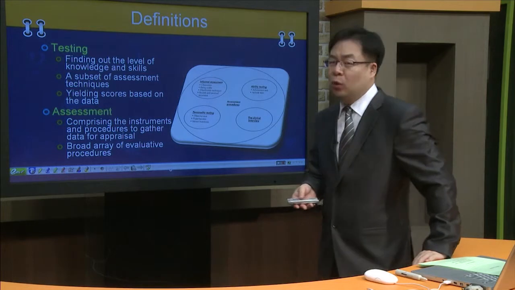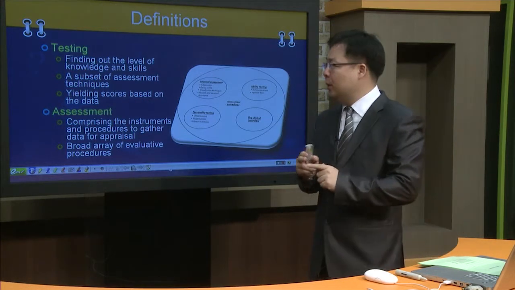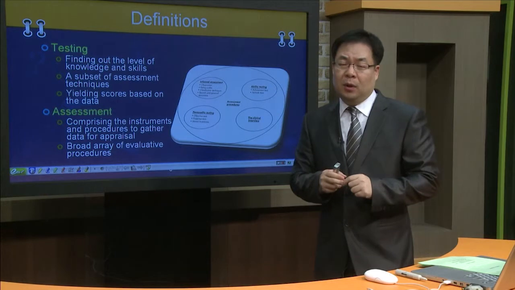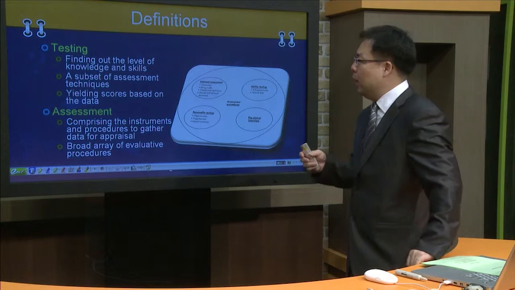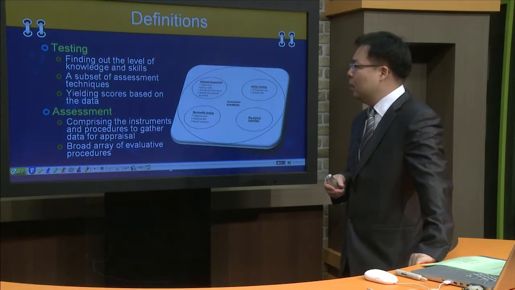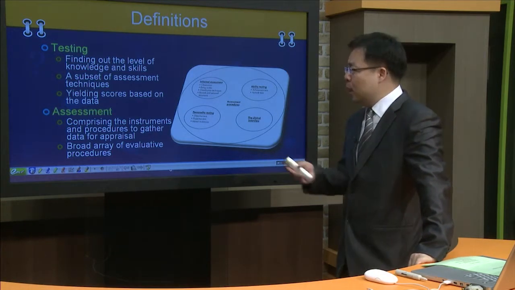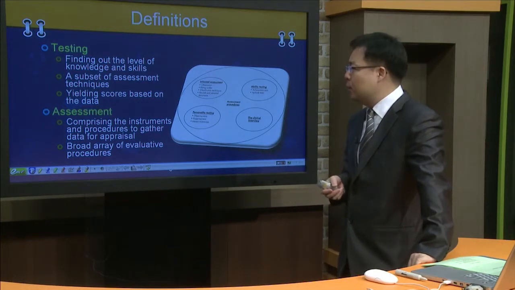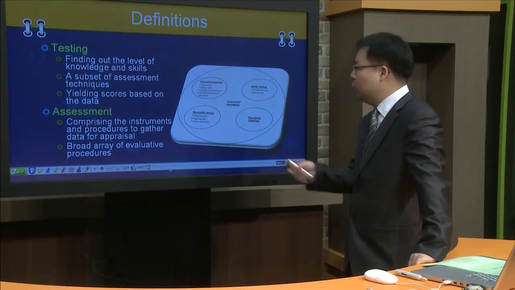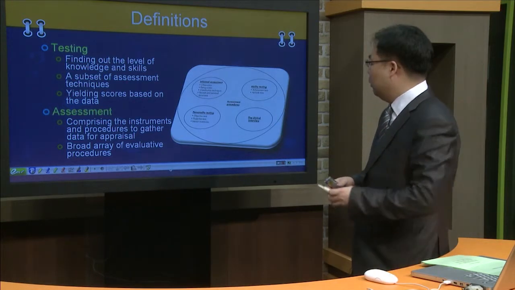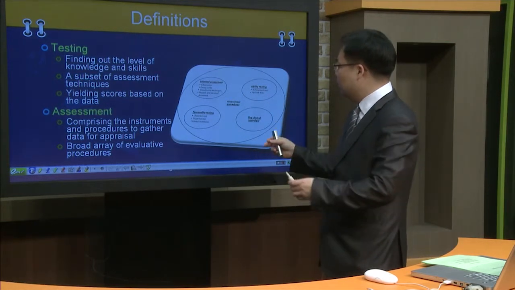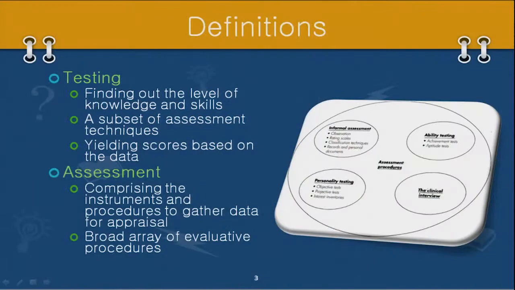The first one, we want to discriminate the definition of testing from assessment. Do you see some difference here? Testing is finding out the level of knowledge and skill, and sometimes it is recognized as a subset of assessment techniques. If you look at the figure on the right side, you see the four components that explain the whole assessment. Here are ability testing and personality testing.